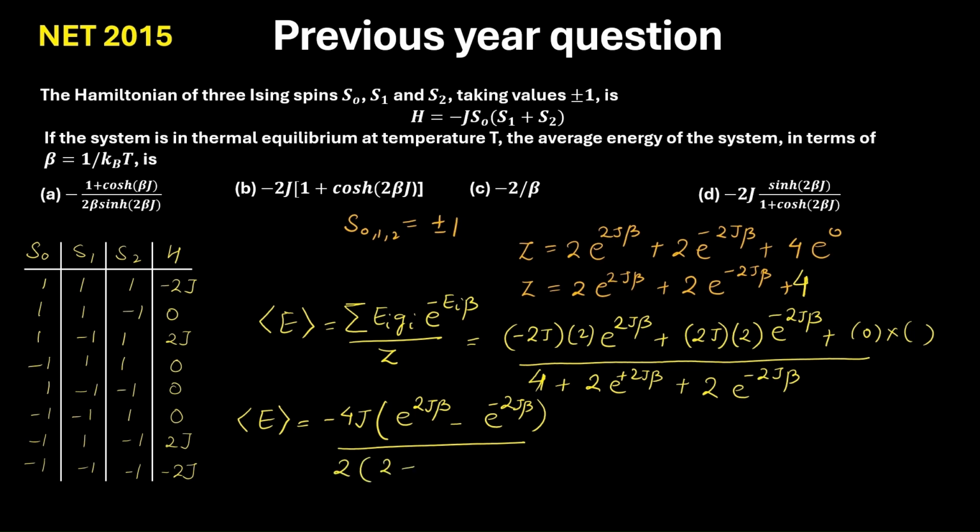It will be 2 plus e to the power 2J beta plus e to the power minus 2J beta.